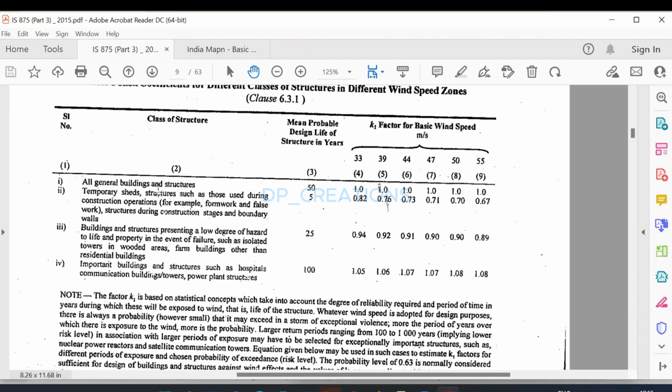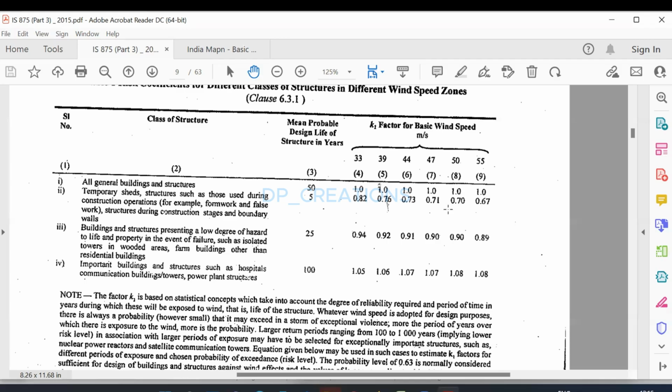Now, temporary sheds, structures such as those used during construction operations, for example formwork and false work, structures during construction stages, and boundary walls. For those, you can reduce the risk factor. So see, for the lowest one it is 0.82. For 55, it is 0.67. So the more the wind speed, the less is the value of the factor.